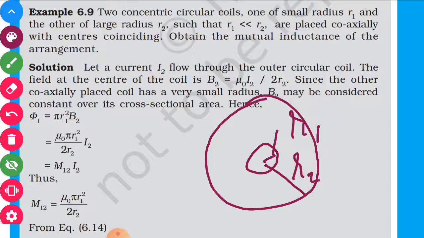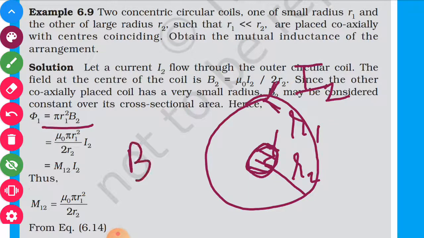Now let us say that current is flowing in the second coil, and that is equal to I2. Now the flux associated with this is phi equal to B dot A, BA cos 0. Area of this coil will be pi R1 square, into the magnetic field of the second coil, B2.